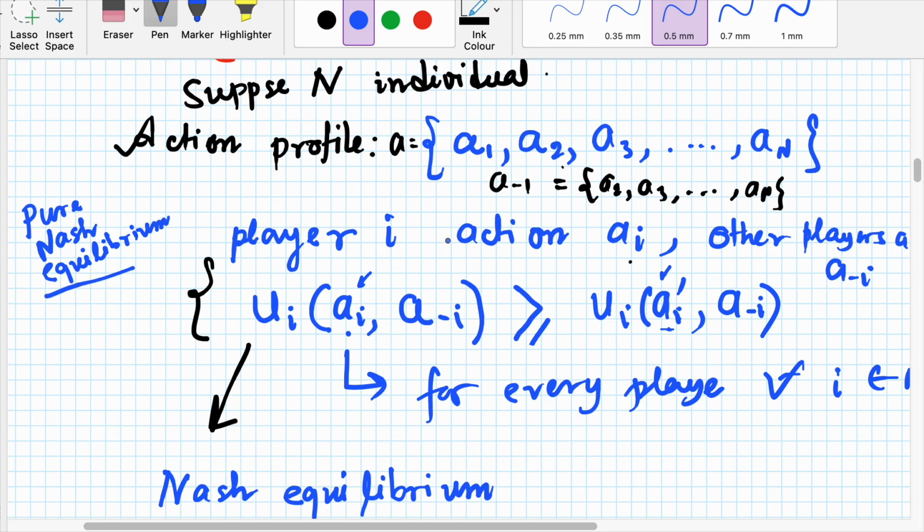We are searching for an action profile, a pure action profile, which prescribes actions for each player.